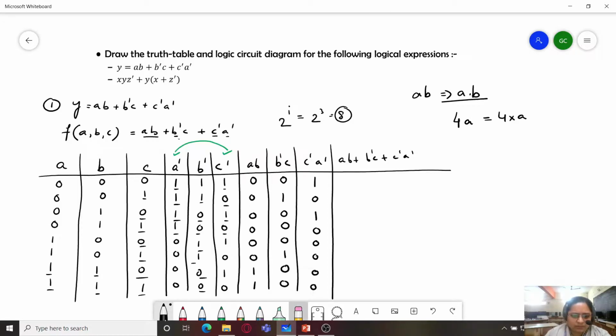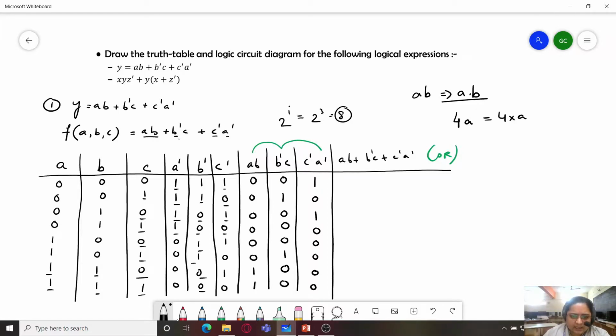Now our final step will be a simple OR operation between these three. Because there is plus, which means OR operation. Now we know that for OR, if either of the inputs is 1, the result is 1.